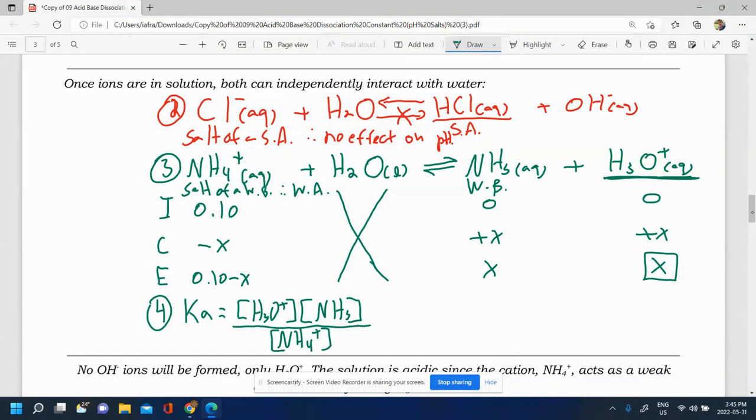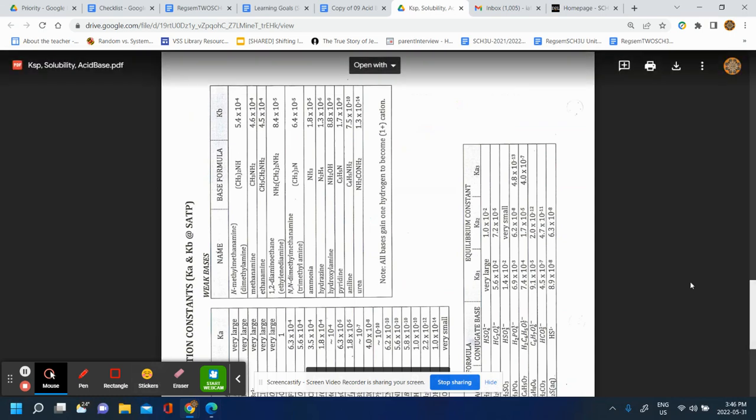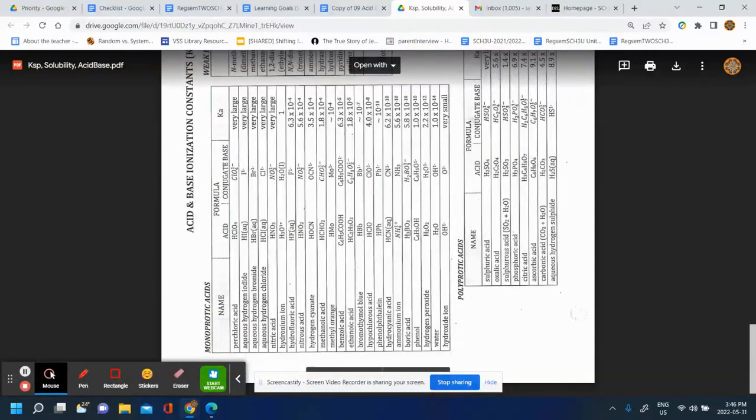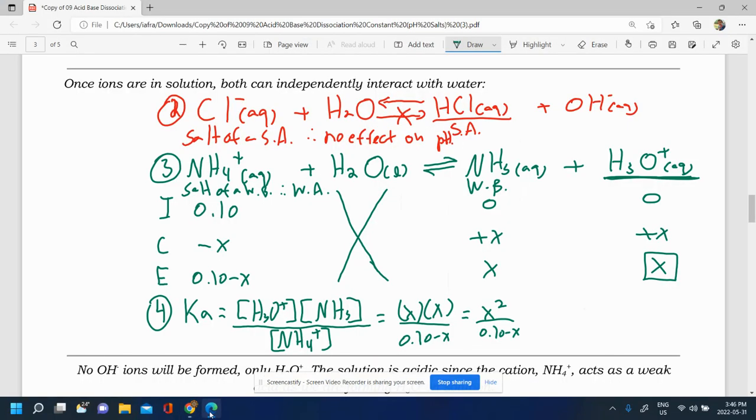If you replace all that by x's, you get x times x over 0.10 minus x, and you get x squared over 0.10 minus x. Now, from your chart, you can get the Ka of NH4 plus. Make sure you choose NH4 plus because that's the salt that you have. So, in other words, don't go to get the Kb of NH3. Use NH4 plus, and that is 5.6 times 10 to the power of negative 10.